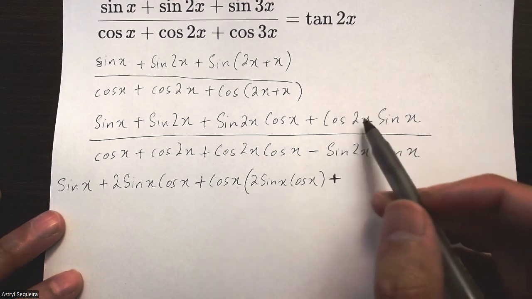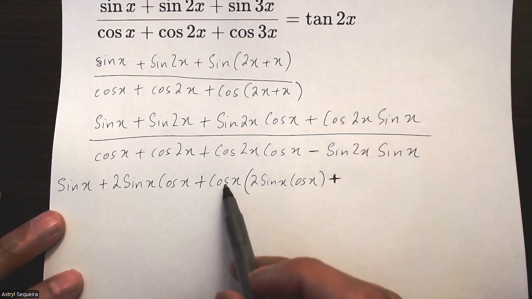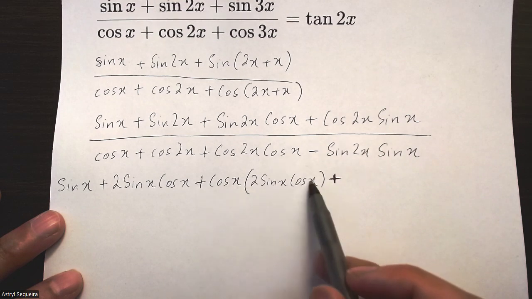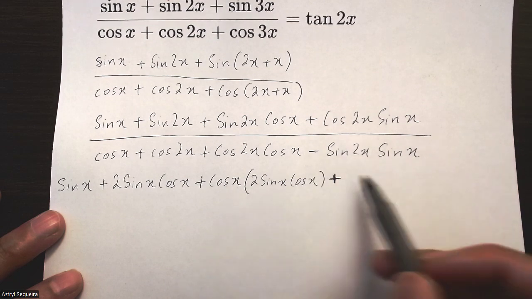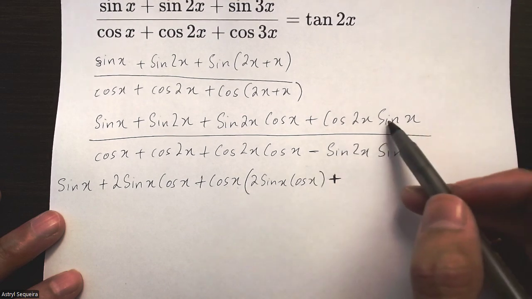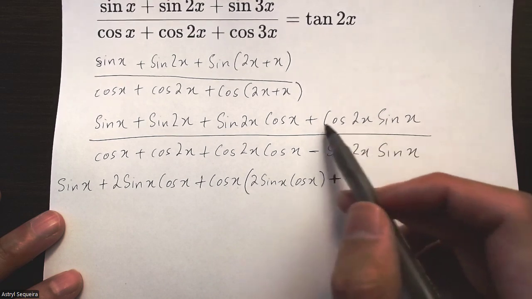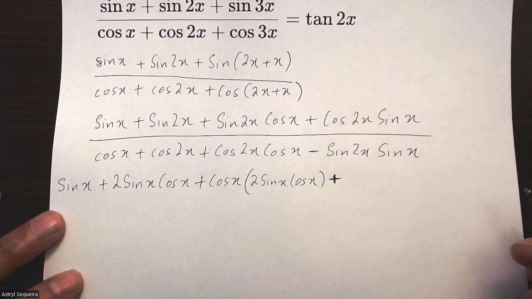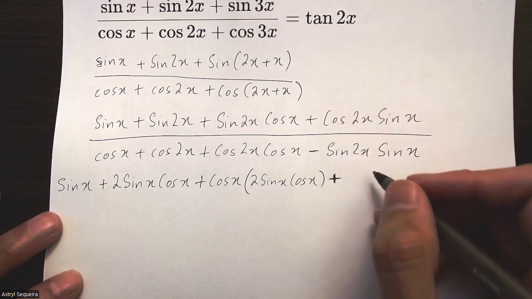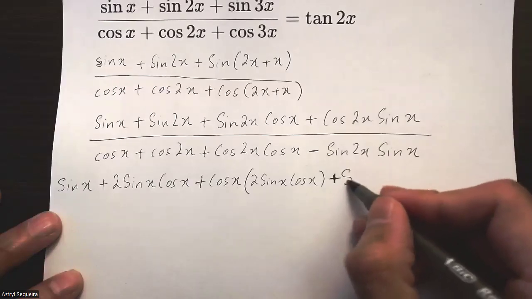The reason is because I know cos times sine cos is going to give me sine cos squared. I want the exact same thing here so I can combine like terms. I have a sine here, so I'm going to convert this to the cos square one, so I'll get sine cos square as well. That was a bit complicated in terms of explaining it, but I hope you understood it.